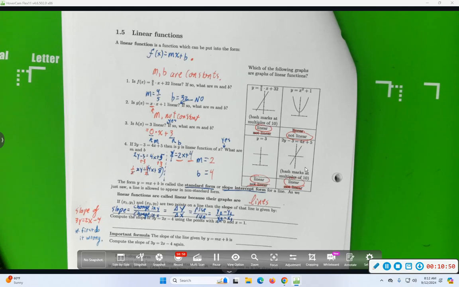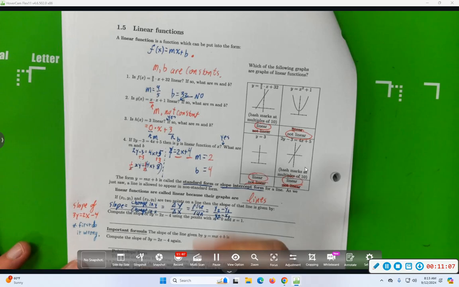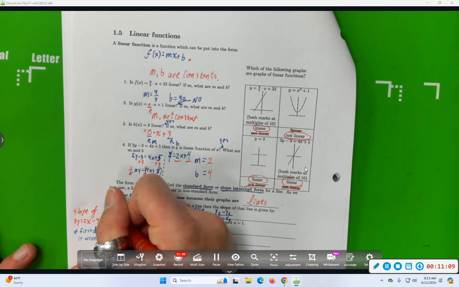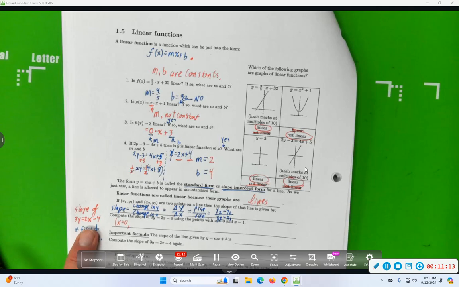So let's compute the slope of this line by actually checking some points. That means I need to take this x value, figure out what y value it corresponds to, take this x value, figure out what y value it corresponds to, and then use those 2 points. So when you take x equals 0 and plug it into this formula, what do you get for y?